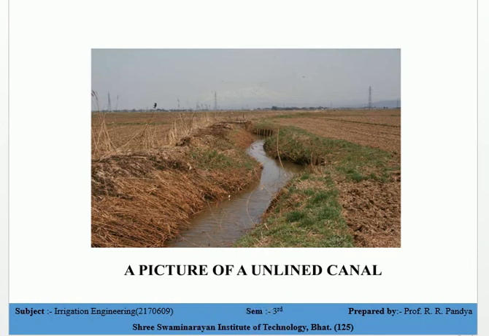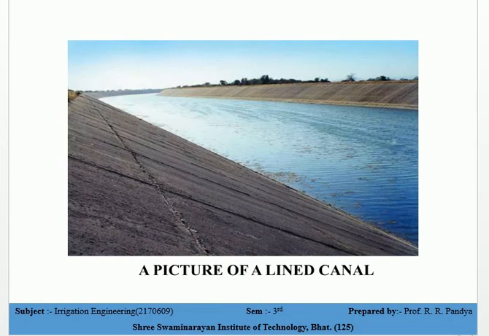Instead, in this lined canal you can see it is lined with concrete material, which has a very smooth surface. In this type of canal there is no scouring or silting due to the smooth surface. It will also prevent waterlogging. It also reduces evaporation losses.